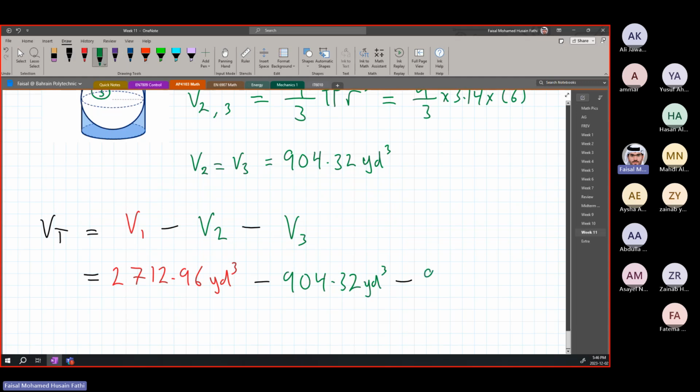It's also 904.32 cubic yards. This is all equal to, put it in the calculator, 2712.96 minus 904.32 minus 904.32. It's equal to 904.32 cubic yards.